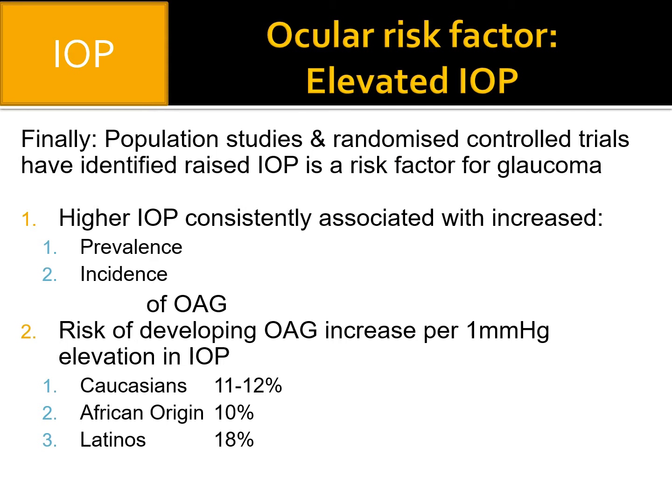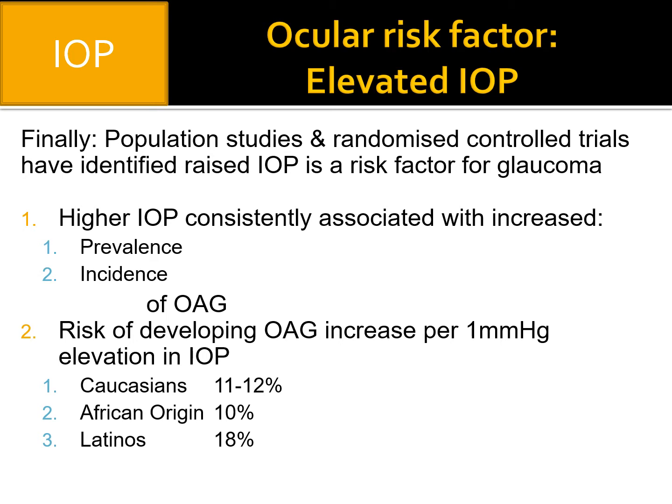And finally, another thing about intraocular pressure, as we've said before, it's an ocular risk factor. Higher IOP consistently is associated with increased prevalence and incidence of glaucoma. And the risk of developing OAG increases per 1 millimeter of mercury.